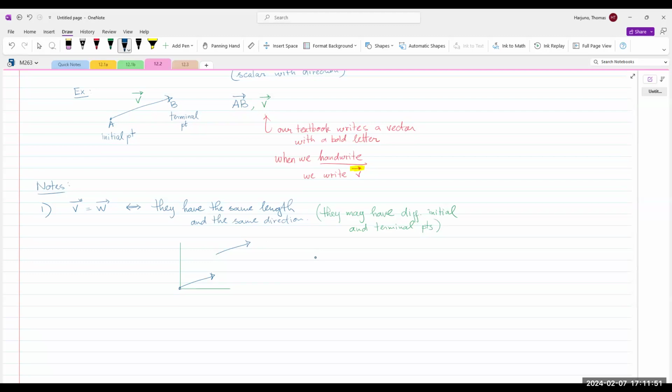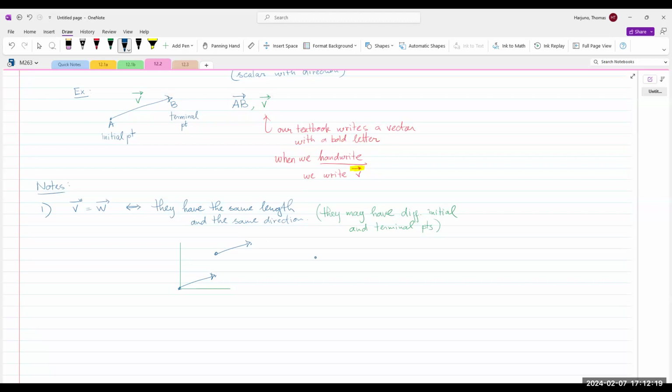It's not about where they come from, where they go to, but it's about the movement. Okay, they have the same length and the same direction. I'm sure these two vectors are exactly the same because I copy pasted that, right? Even though they have different initial points and different terminal points, the movement is the one that counts. Okay, how far they go, how long they are, and the direction.